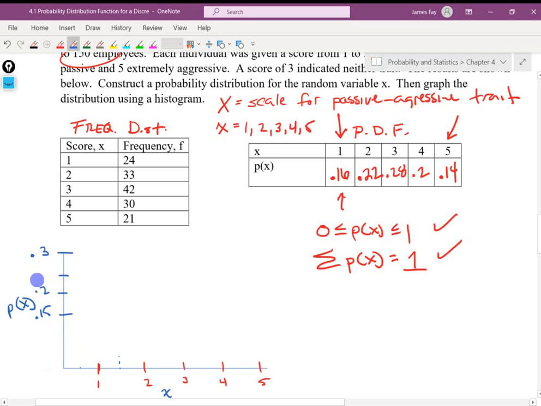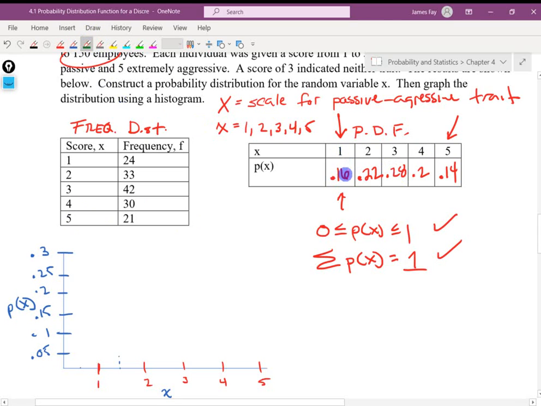So this would be 0.2, 0.25. Come down here and go 0.05 and 0.1. Your scale might be a little bit different than mine, which is fine, but your distribution shape will be identical. You might be a little more detailed or less detailed on your y-axis, but when we're done, if we graph these things correctly, our distribution shape should be very, very similar.